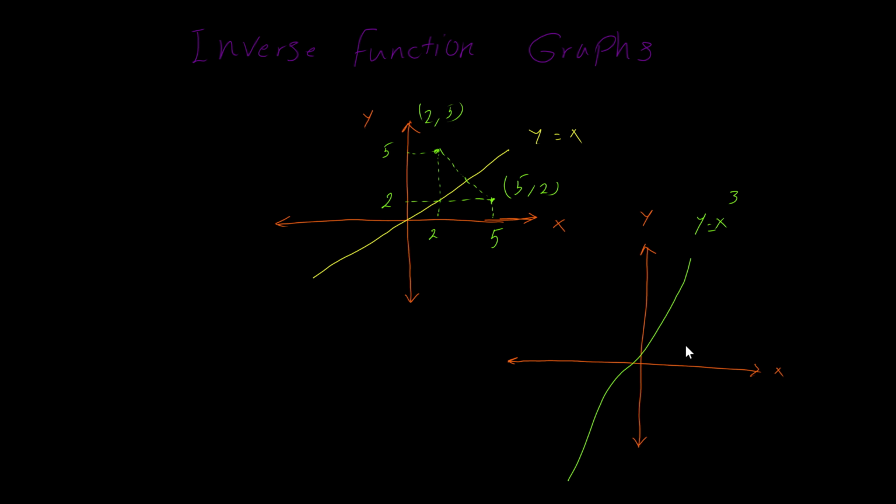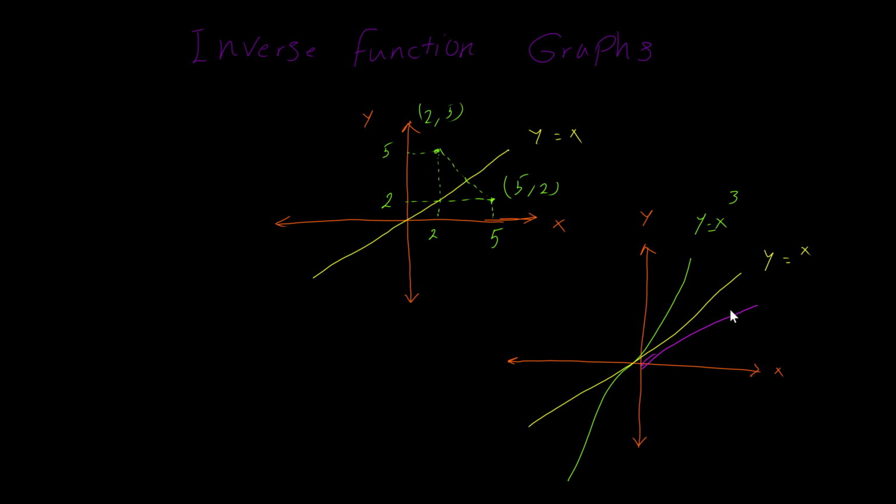So the first thing that we need to do is draw the line y is equal to x. And then we are going to reflect every point of y is equal to x cubed on that line and find the inverse of it. So if we do the first part and we do the reflection, that's how it's going to look.